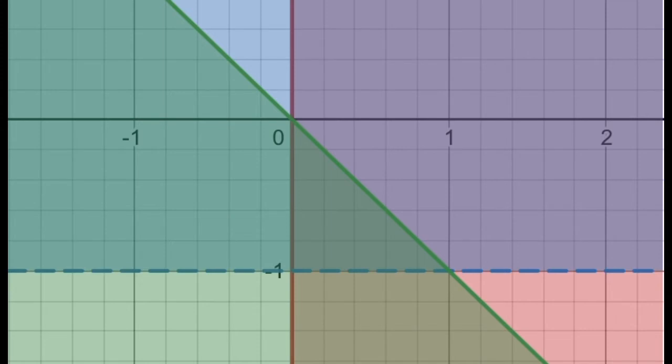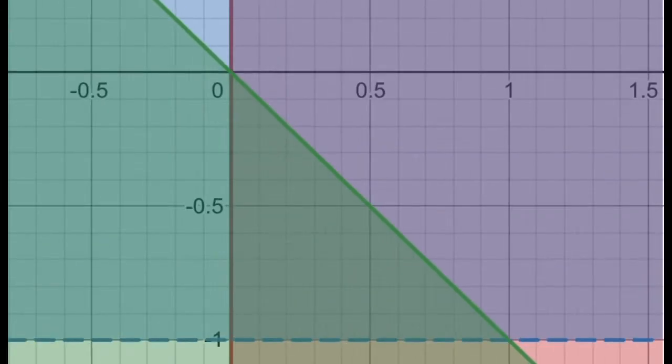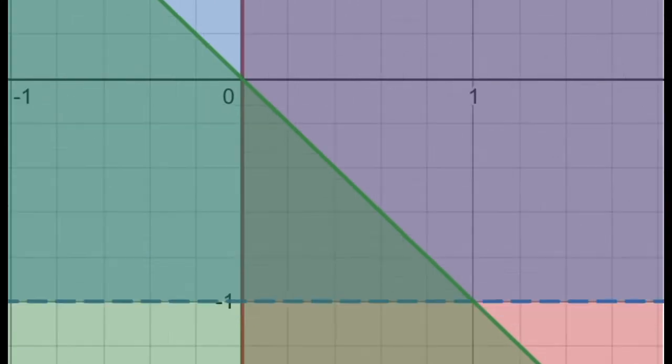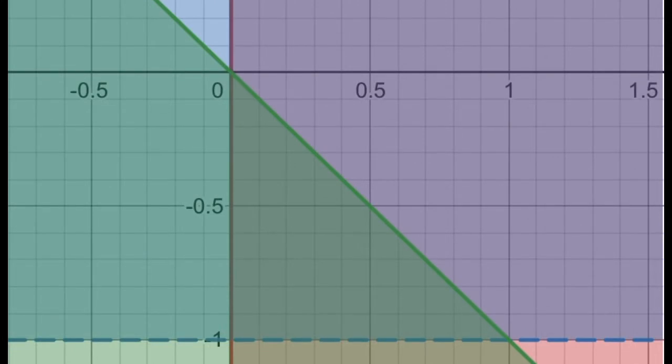Okay, if I am going to show you the points that satisfy that region, I can read the point. The line must be a solid line, then it's inclusive. So I can just show you one point, which is 0.5 and -0.5, exactly at the borderline.